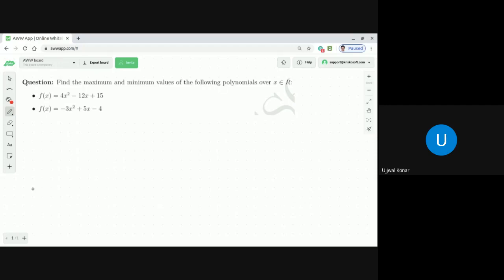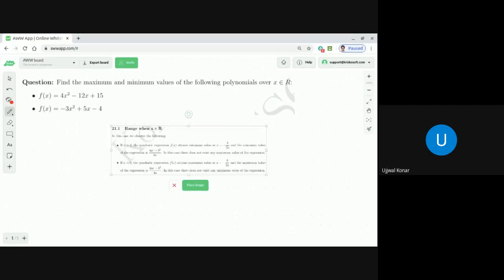So, dear students, what is the underlying theory here? It's like when x belongs to R, the range when x belongs to R. If I bring that particular theory portion here, it looks like something like this, dear students.